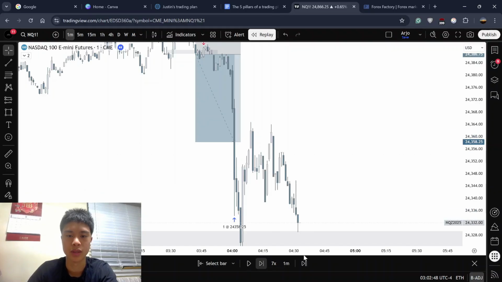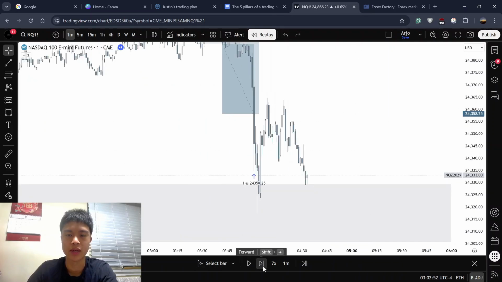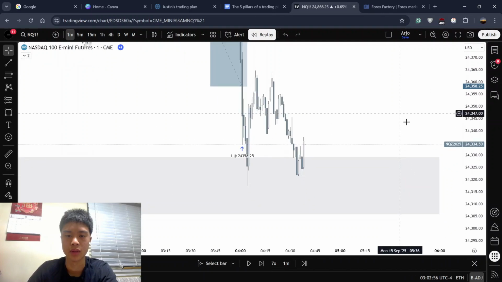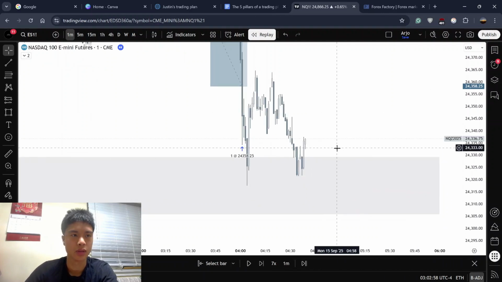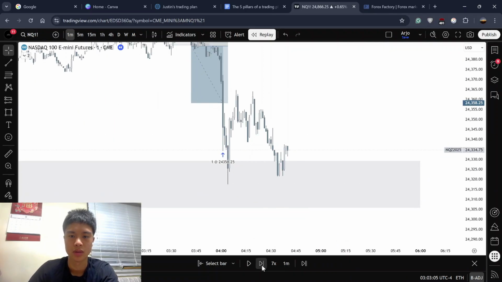So we're sort of in a range after we tap that 4-hour fair value gap, and we're waiting for that SMT divergence to come in. I think it's around here. Let's check. Okay, there's obviously an SMT divergence, but can we inverse this fair value gap?